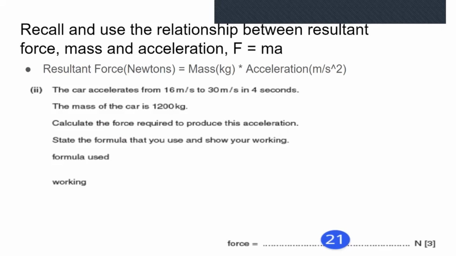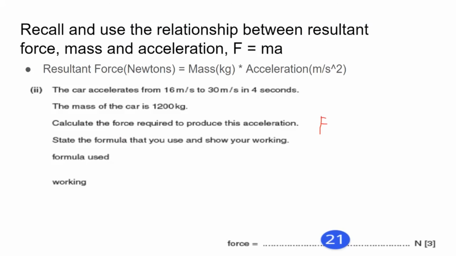So we know it's F equals ma, and F is the unknown. 1,200 kilograms, which is the mass, times the acceleration, which we will have to calculate. We know that the acceleration formula equals final speed minus initial speed divided by time. So 30 minus 16 divided by 4.